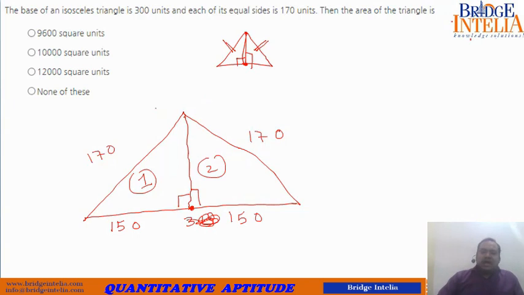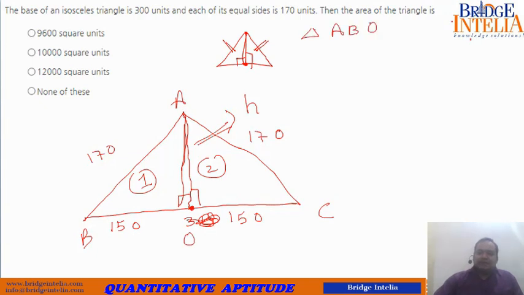Now let's call this altitude h. Now in this triangle, let me call it A, B, O, so in triangle ABO, you can apply Pythagoras theorem.